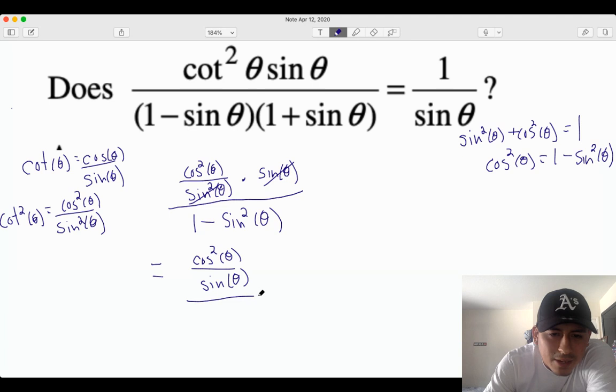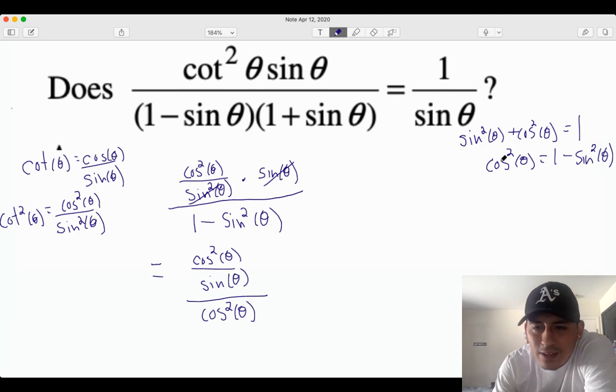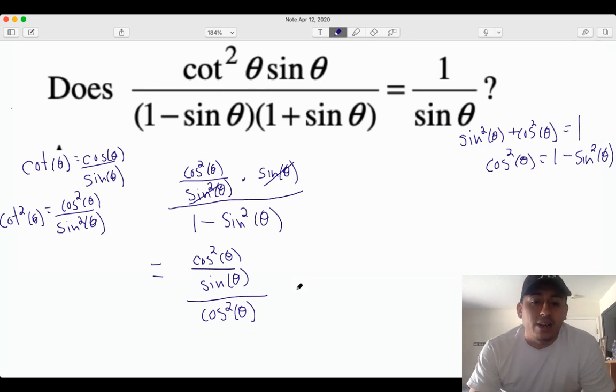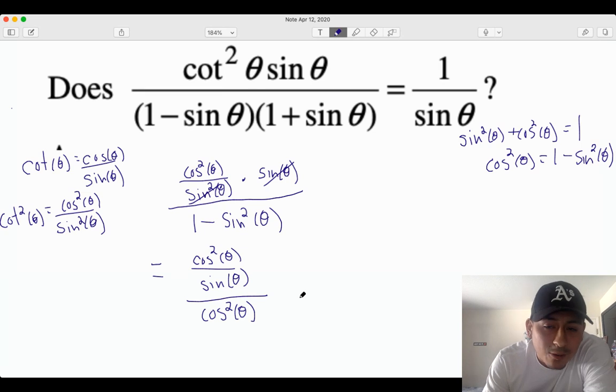And then I'm going to be dividing by cosine squared theta, because remember, I'm substituting 1 minus sine squared theta for cosine squared theta, which I got by rearranging the Pythagorean identity. All right, cool. So now it looks like we're getting somewhere.